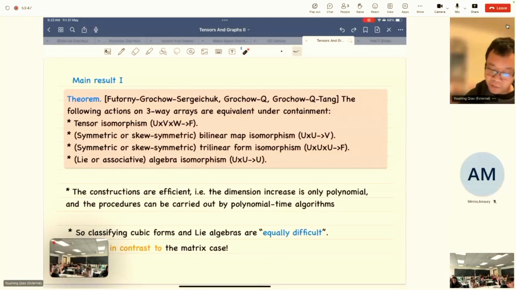Here it's about p-groups, and if you look at this, it will be about cubic forms, and it's also about Lie and associative algebra isomorphism. I think there are still many questions to consider on this front, but we are hoping that TensorISO will play a unifying role in the isomorphism problem for algebraic structures.